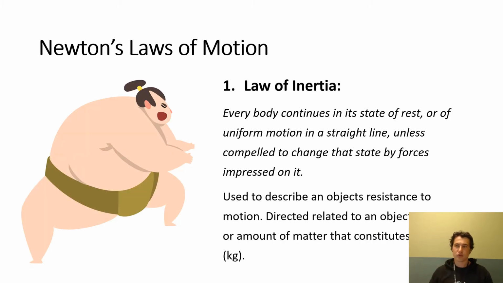So Newton's first law. Newton was a scientist that loved understanding forces and things like gravity and how those forces interact with us in our everyday life. And his first law is the law of inertia, which states that every body continues in its state of rest or of uniform motion in a straight line unless compelled to change that state by forces impressed on it.